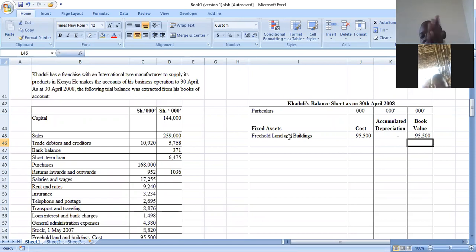The duality concept of accounting: everything in accounting has to have a dual effect. It has to affect the debit side and the credit side, so that we have a balance sheet that will balance. One thing will affect another. It's like we have a debit and a credit. The duality concept.